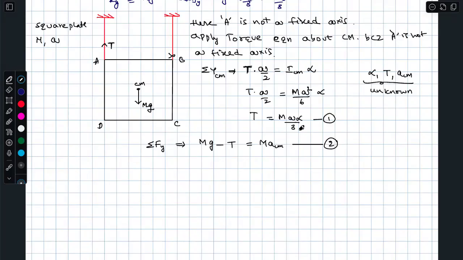About the center of mass, if you see, this is R alpha.